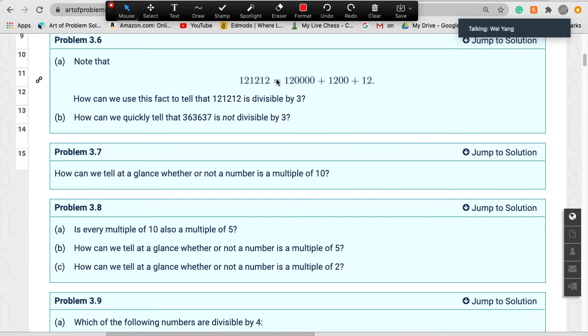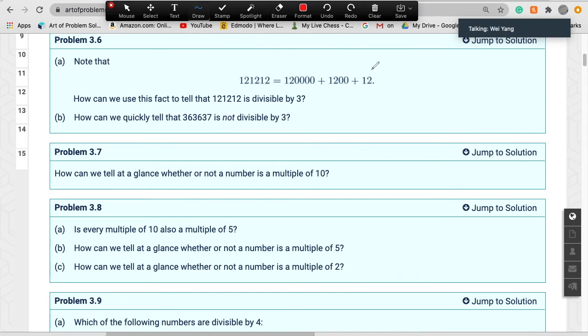Yeah, this number is divisible by 3, right? Because each of these three numbers is divisible by 3. 12 is divisible by 3. 1,200 is divisible by 3. 120,000 is also divisible by 3.